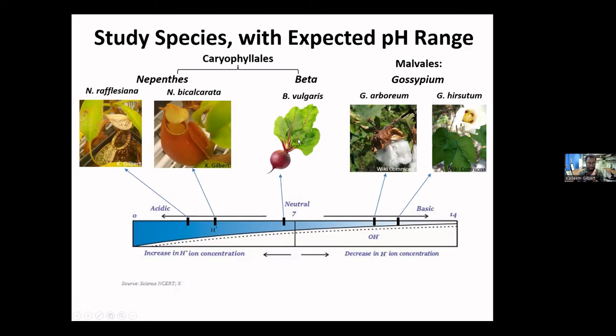I'm doing two things. On the plant side, how are they regulating their pH levels? And then also, how is that impacting interactions with microbes? As we saw with the pictures, it's reasonable to suspect that different pH levels can lead to different microbial communities.